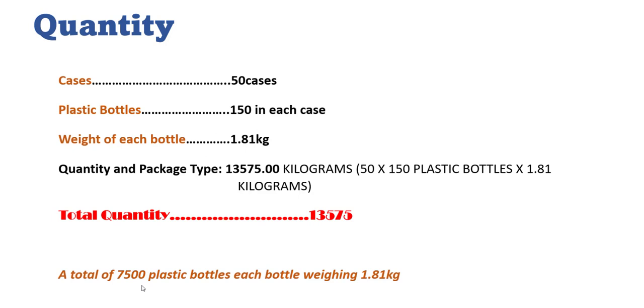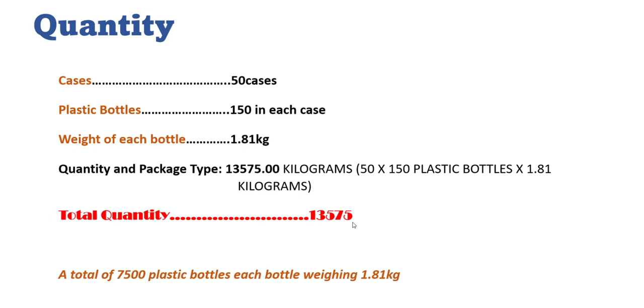That's the quantity. Not the quantity of the packages, but the quantity of the product, which is the bait in the plastic bottles. What's the total quantity? So if I should add up the kilogram bottle by bottle, in the end I should get 13,575 based on my scenario.